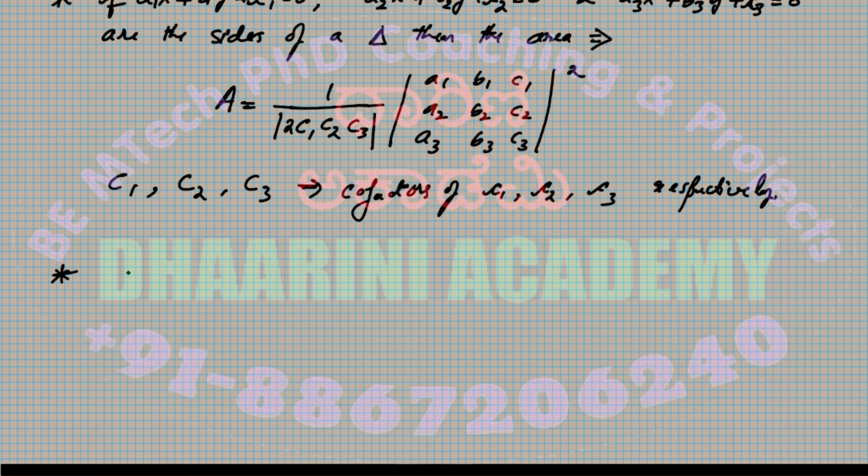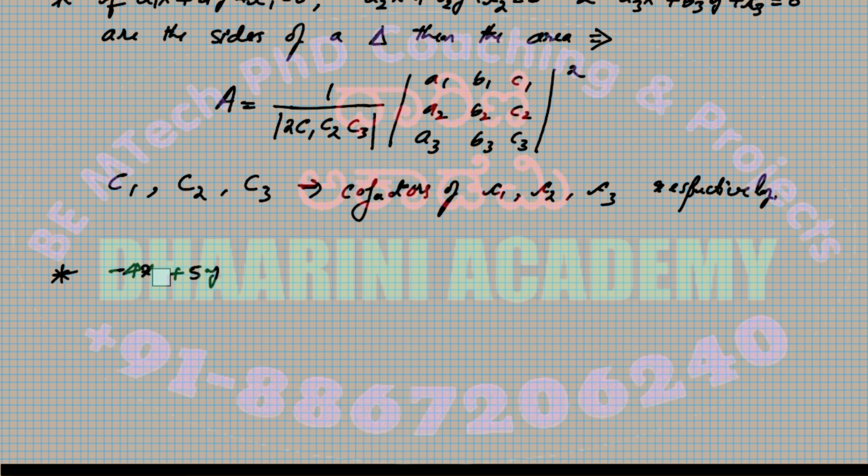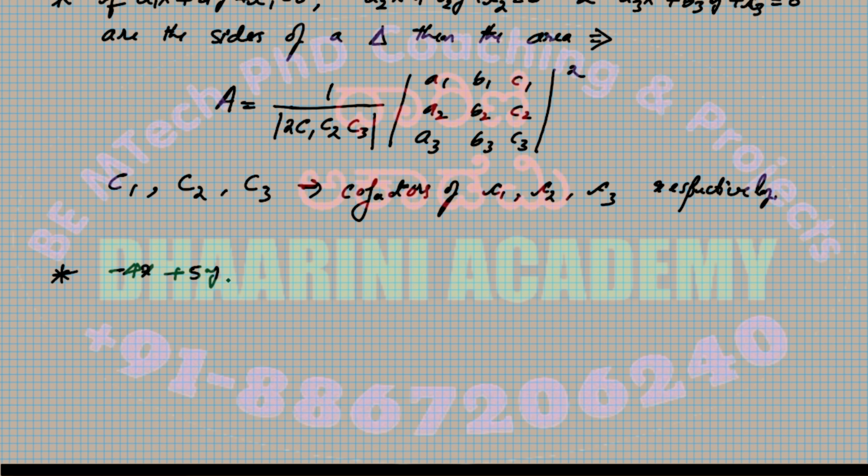So the equations are like this: minus 4x plus 5y minus 7 equal to 0. This is the first equation.